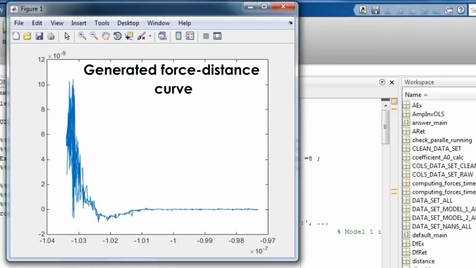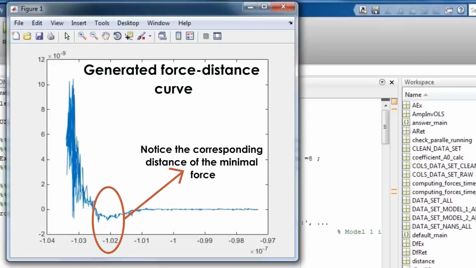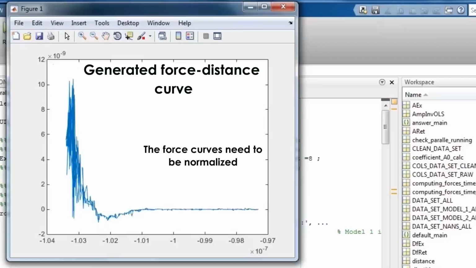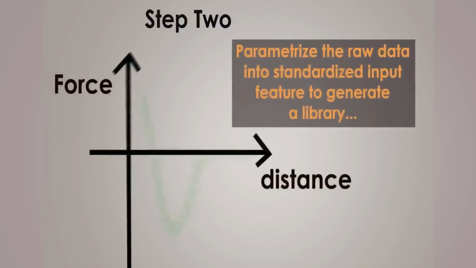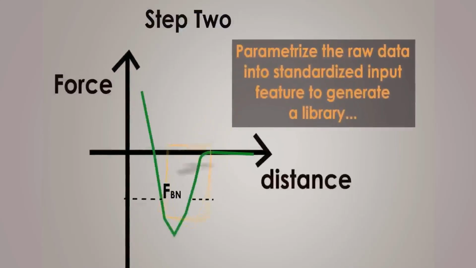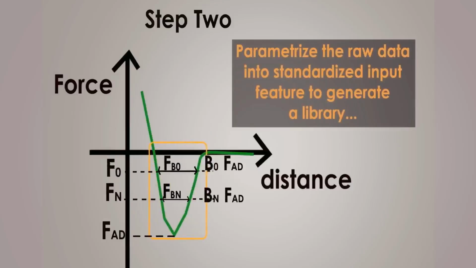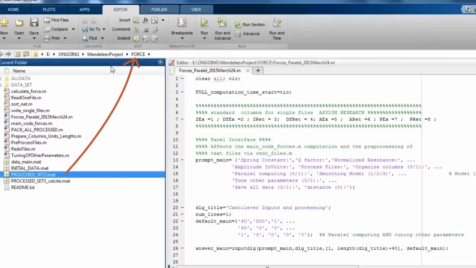But we need to normalize all the force curves so that the minimal force will correspond to 0 on the tip sample distance axis. To do this, copy the process set file from the force subfolder.